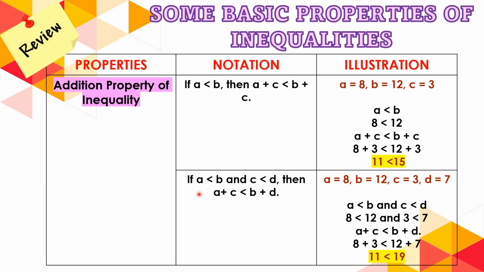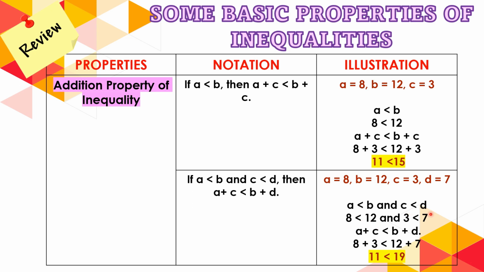Second, if A is less than B and C is less than D, then A plus C is less than B plus D. Let's set A is equal to 8, B is equal to 12, C is equal to 3, and D is equal to 7. A is less than B becomes 8 less than 12.